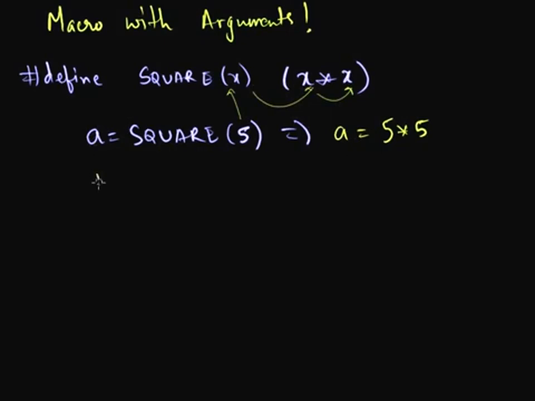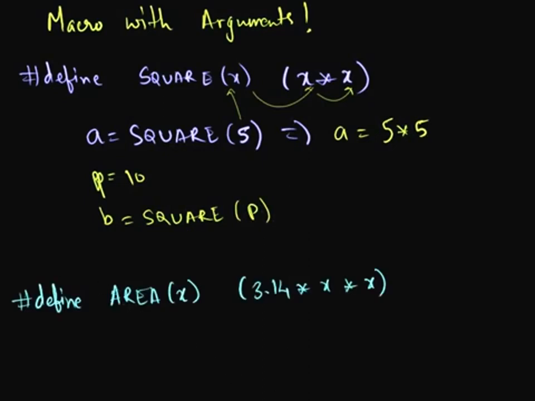You can also put a value into a variable and do like this: b is equal to square, and to this you can pass a variable. Ultimately the value gets passed. Let us take this example. Now you know what will happen.